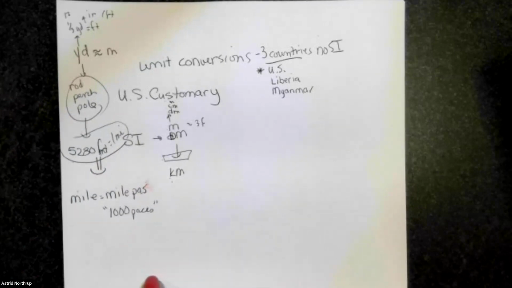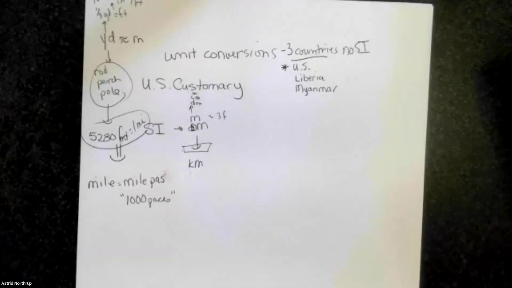So if you take a step and another step, that's a pace. Well, in the days of the Roman centurions, when they were marching throughout Europe, they needed to keep military lines nice and straight and true. So they standardized their pace at 1,000 paces per mile. I mean, they didn't know it was a mile, but that's where that came from. That's how old it is.